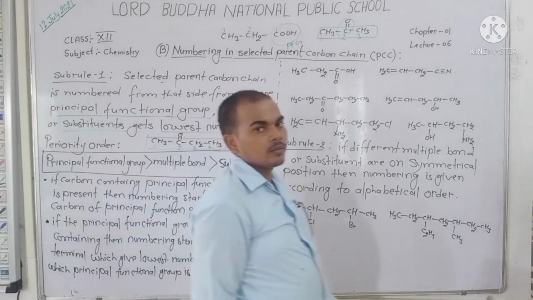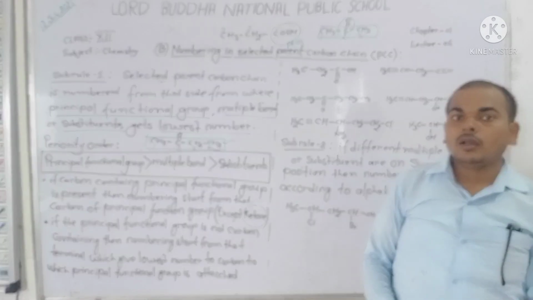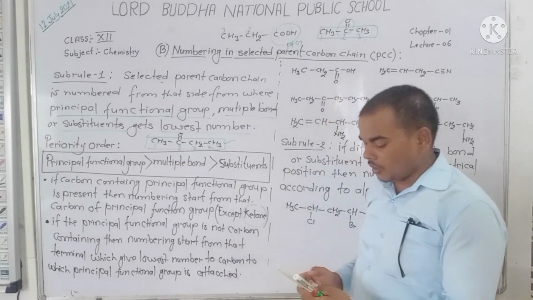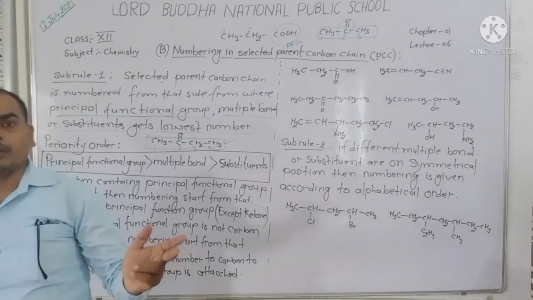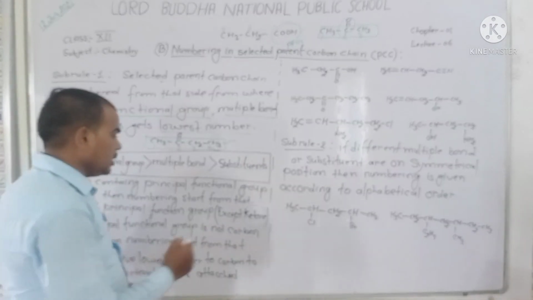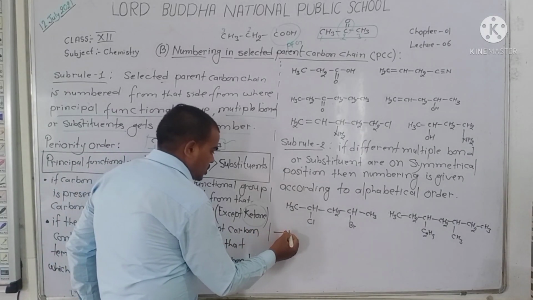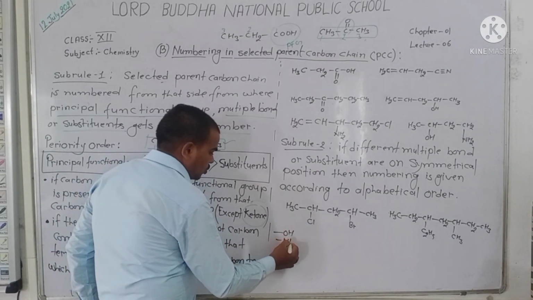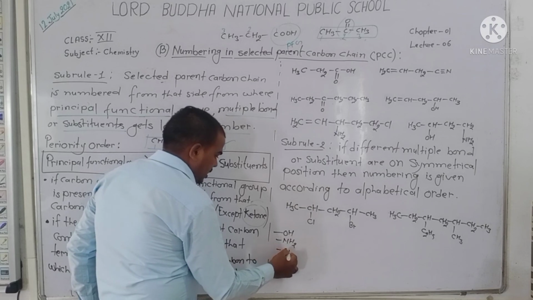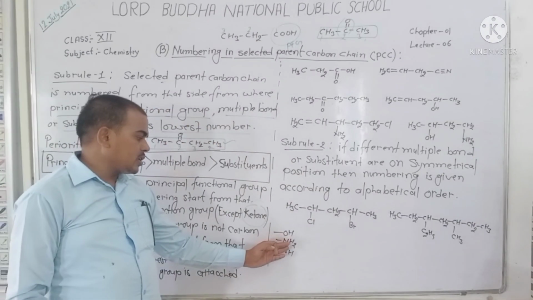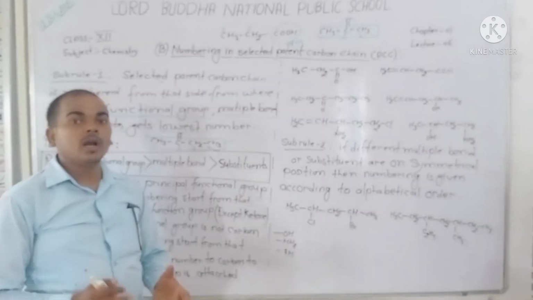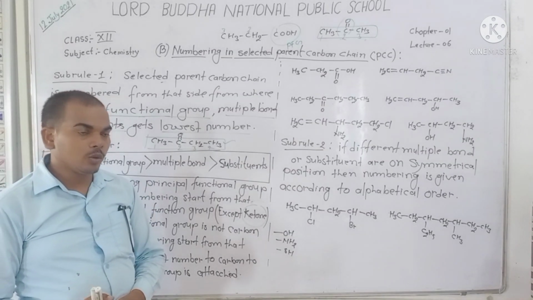Dear student, if a principal functional group has no carbon, for example OH, NH2, SH, these groups have no carbon.